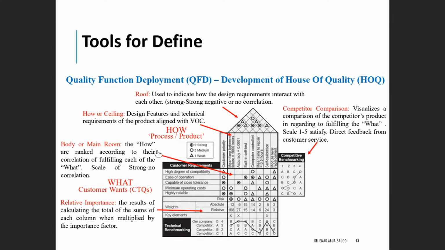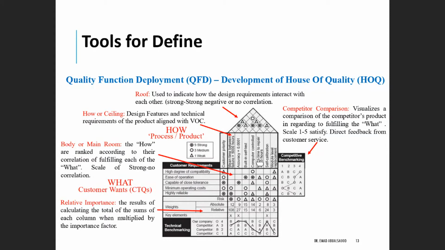But here, just to explain in more information how this shape looks like and what each division in the house represents. Here, as we said, the design requirements interact with each other, so this is the relation between the technical or design requirements.